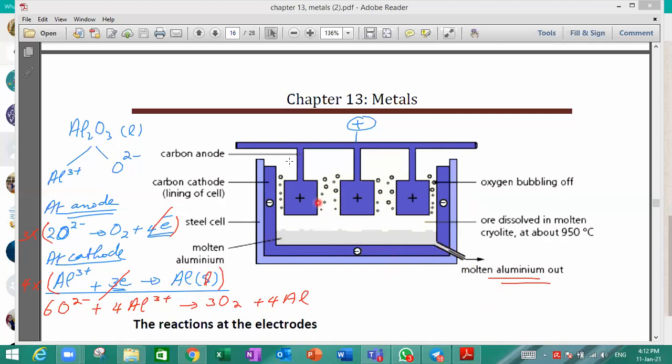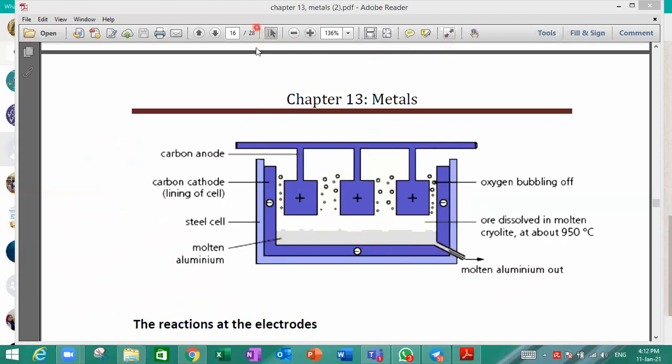I understand. Okay. Now, if we look here, we have also cryolite, and cryolite is sodium aluminium fluoride. So we have fluoride ions as well. As a second product in this reaction, the fluoride ion is also attracted towards the anode, where it will form fluorine gas.